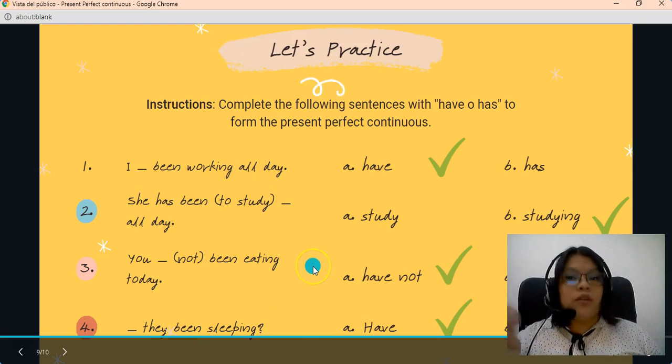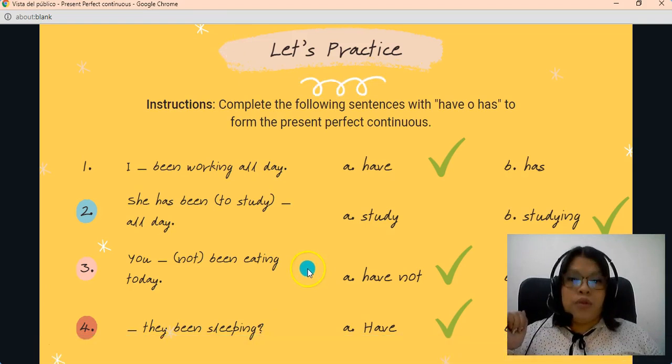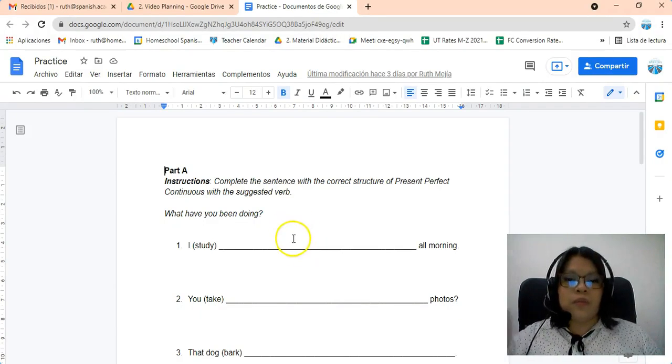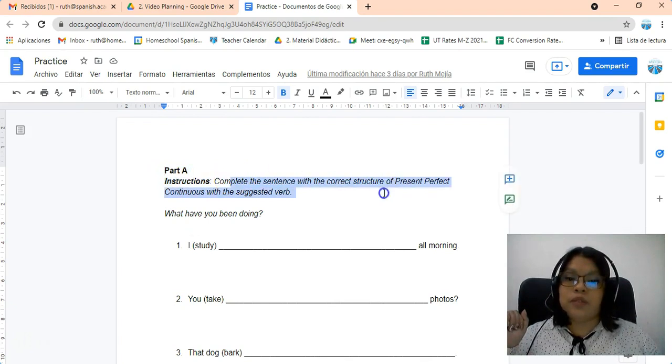Excellent. So now you can say that you know how to conjugate the present perfect continuous. But that is not all. You have homework to do. Okay, so I will give you this paper to work, and in this case you need to complete the sentences with the correct structure of the present perfect continuous with the suggested verb.